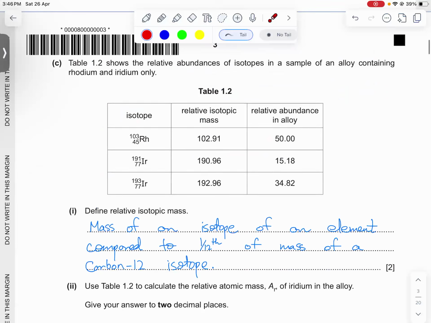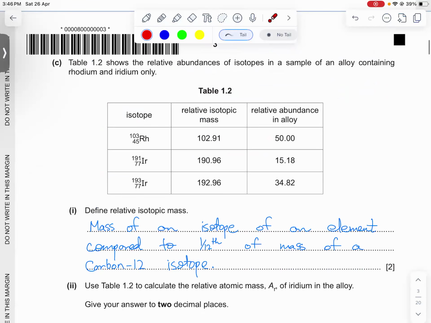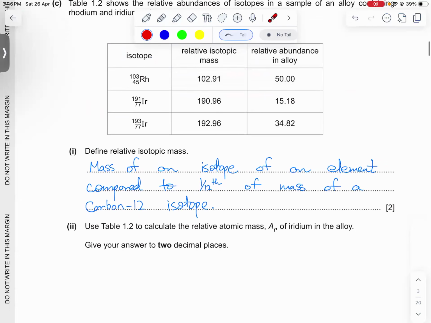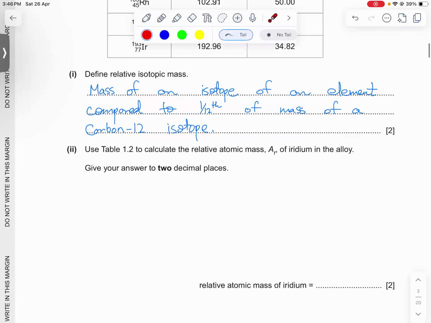All right. So we know that 50% of the alloy is rhodium, meaning 50% of the alloy constitutes of this mass. But they are asking use table 1.2 to calculate relative atomic mass AR of iridium in the alloy.